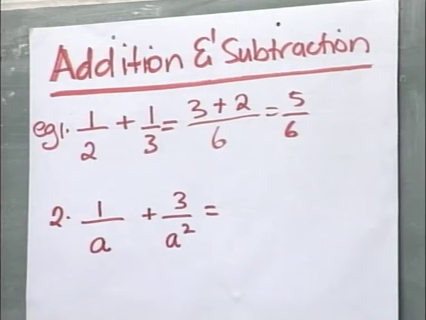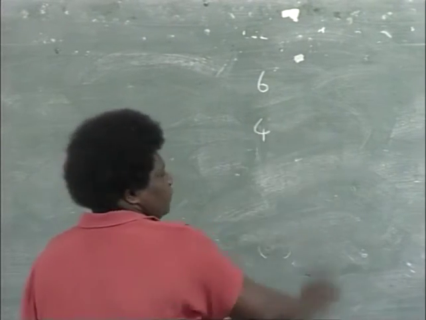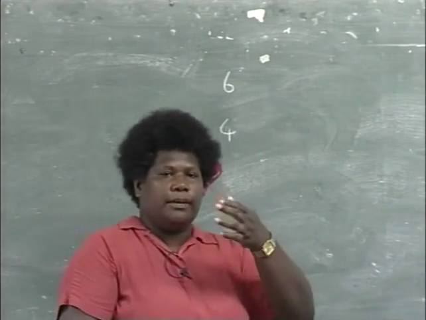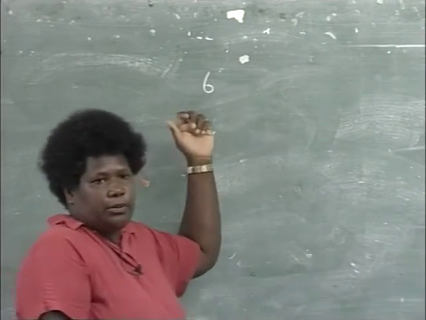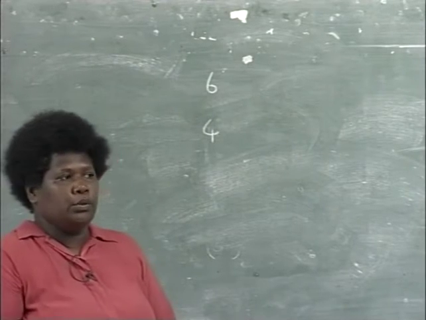All right then, let's just look at two numbers. If we were talking about 6 and 4, and we wanted to find the lowest common multiple of 6 and 4, what did you learn in grade 9? Margaret, how would you find the lowest common multiple of 6 and 4? What would you do?